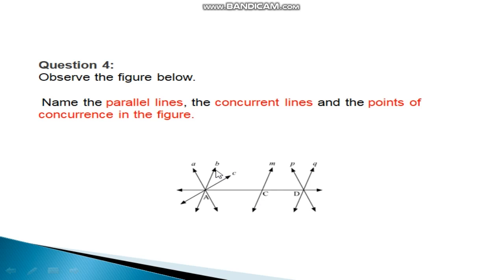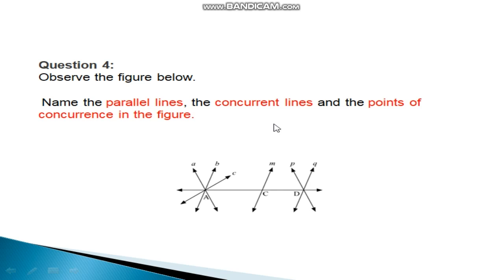Again you see line A, any parallel line is there? See here, line P. So line A is parallel to line P and line B is parallel to line M, which is parallel to line Q.